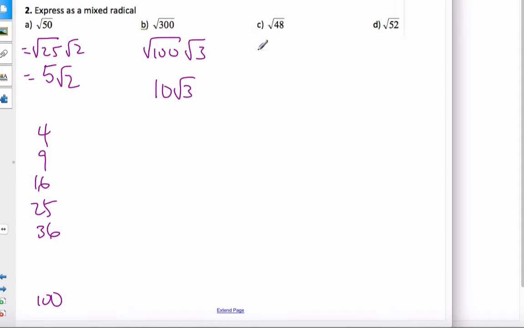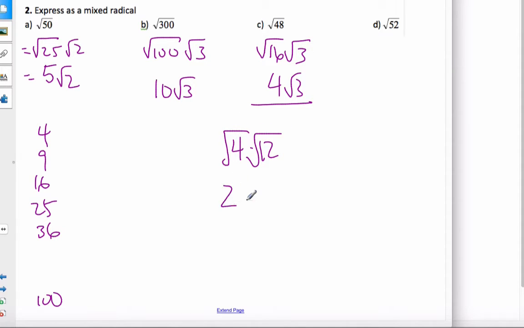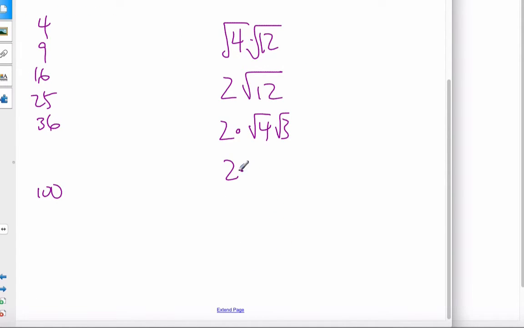Same thing with 48. What two numbers multiply to get 48? Well, 16 times 3 make 48, which is 4 root 3. Now, if you didn't see that, if maybe you saw 4 times 12 is 48, I could do this combination too, which is 2 root 12. But this I know is 4 times root 3, which is 2 times 2 times root 3, which is 4 root 3.